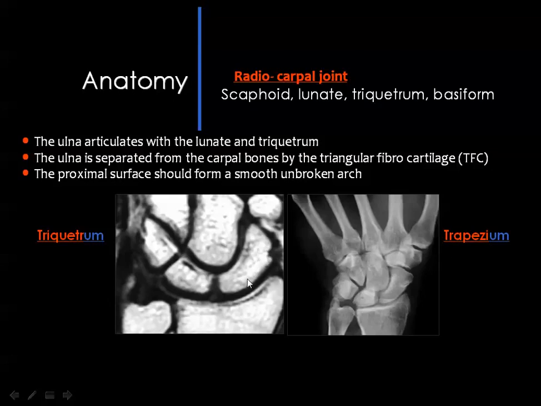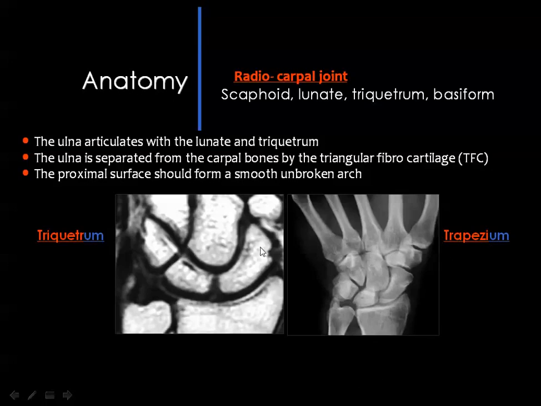Next to the scaphoid is the lunate bone, then the triquetral. The pisiform is here, but it does not appear because it is not on the same plane as these carpal bones. You can appreciate the pisiform on the plain X-ray.